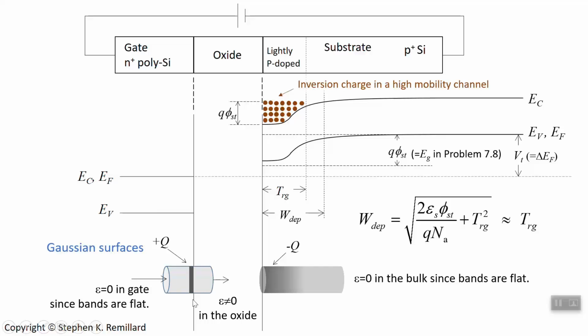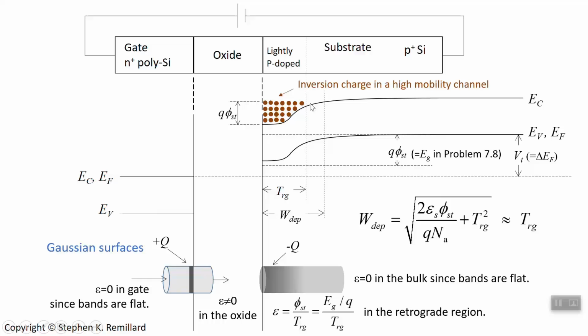The charge region in the metal is taken to be infinitesimally thin, but not inside the semiconductor. So inside the semiconductor, there is some electric field, and its unit is volts per meter, and the voltage drop across the retrograde region is the surface potential at threshold. So that's the volts, and the meters is the thickness of the retrograde region. That's the electric field inside the retrograde region.